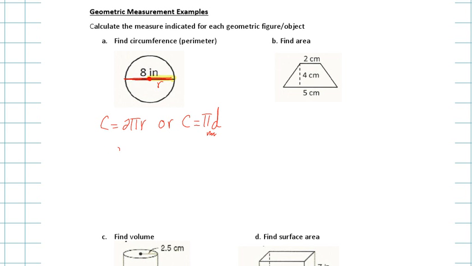C equals pi times 8, which you can leave as 8 pi, in inches. Or you can multiply the 8 by the pi, using the pi button. Please, when we're doing this, you're going to be using the pi button and not 3.14. You should be able to locate that pi on your calculator.